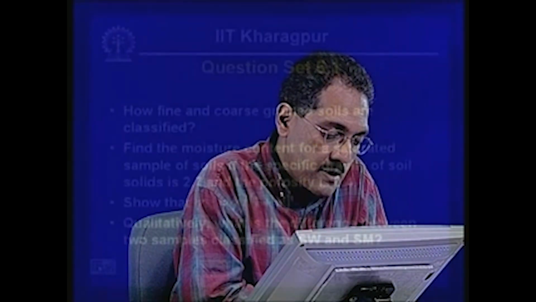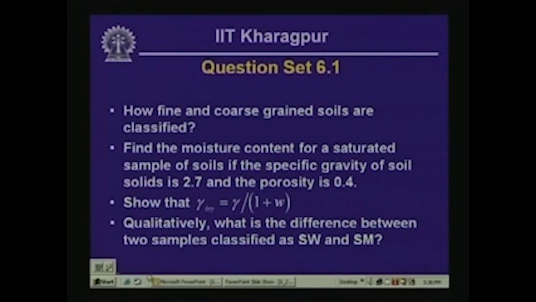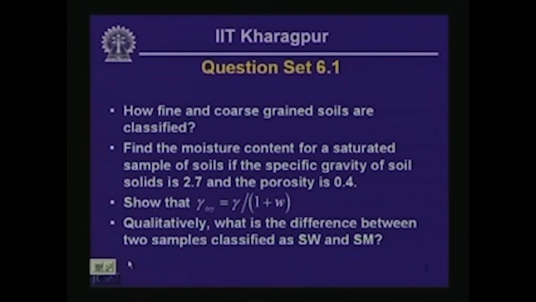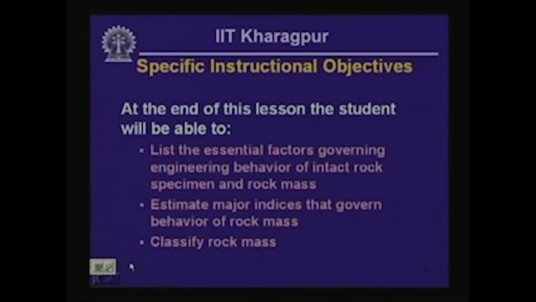Okay, so that takes care of the questions of the previous lesson. Now we move on to the subject matter of today's lesson. So we begin with the objectives of this lesson, what we want to learn from this particular lesson. We should be able to list the main factors that govern the engineering behavior of intact rock specimens and rock masses.